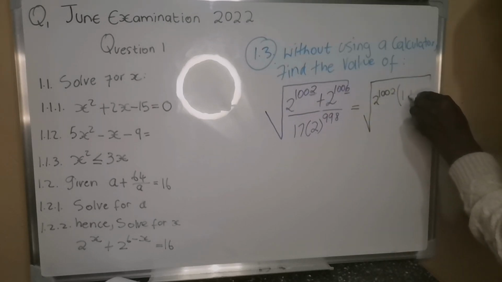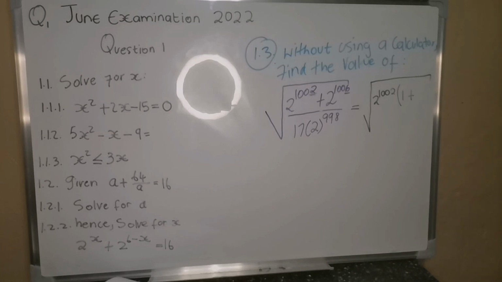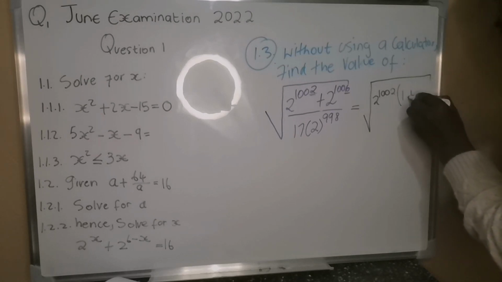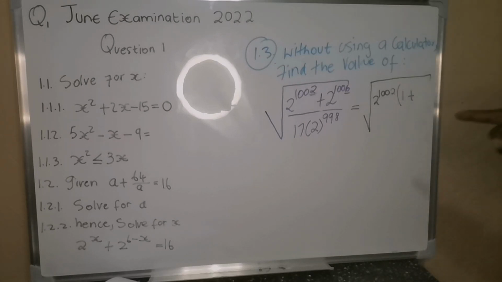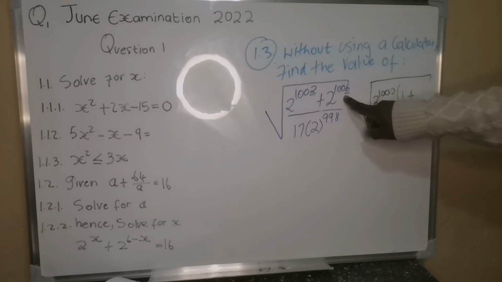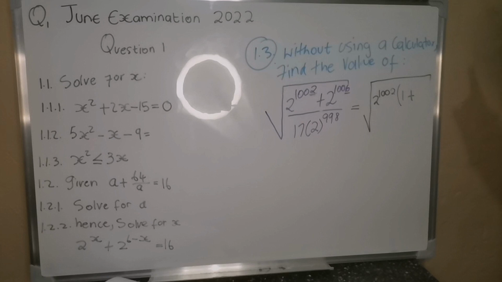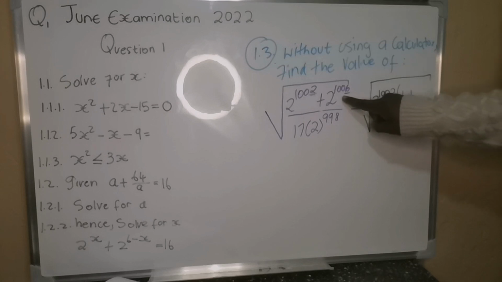Plus, which number, guys, can I multiply with my common factor, which is 2 to the power 1002, to give me my last term, which is 2 to the power 1006?